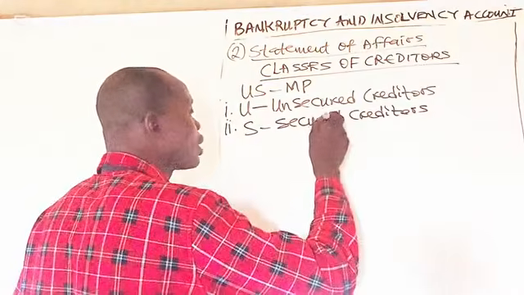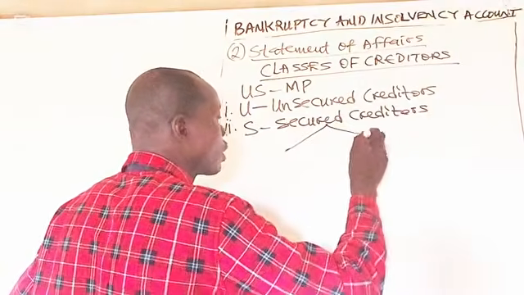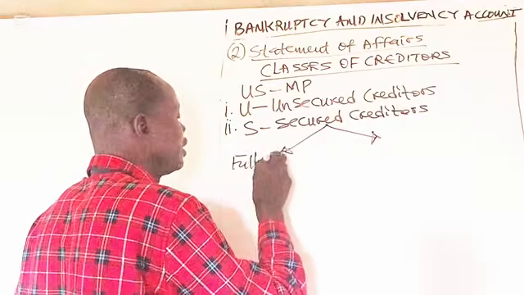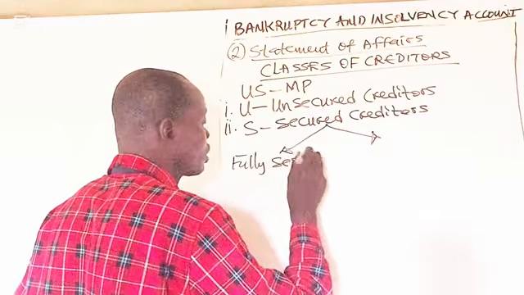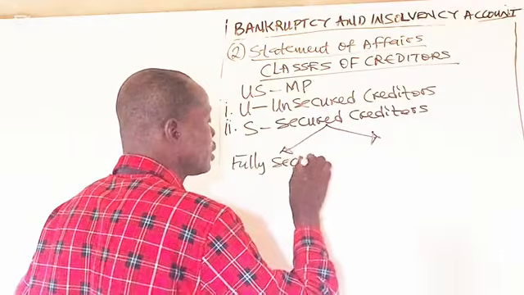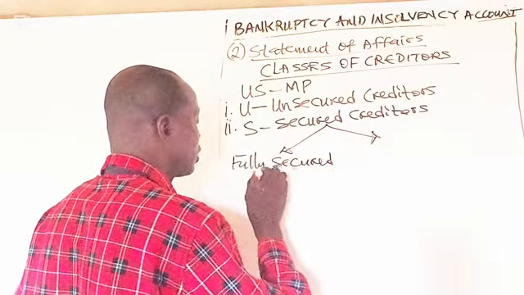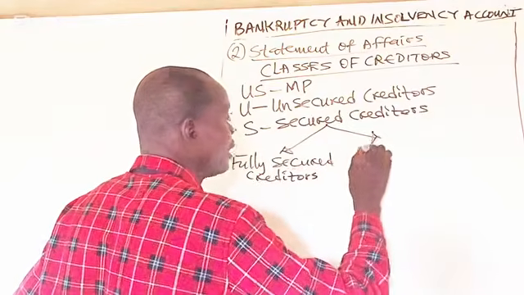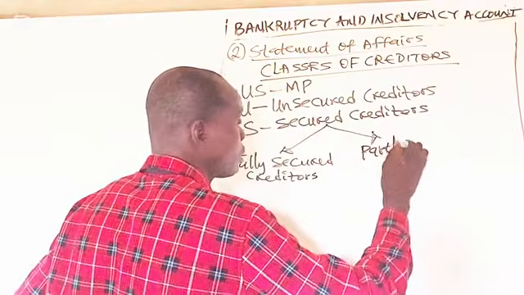These secured creditors will be categorized into two. We have fully secured creditors and we have partly secured creditors.